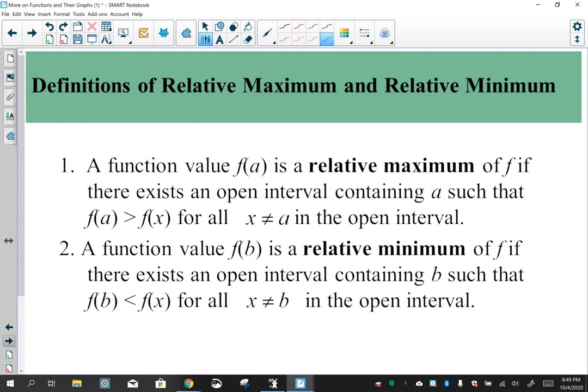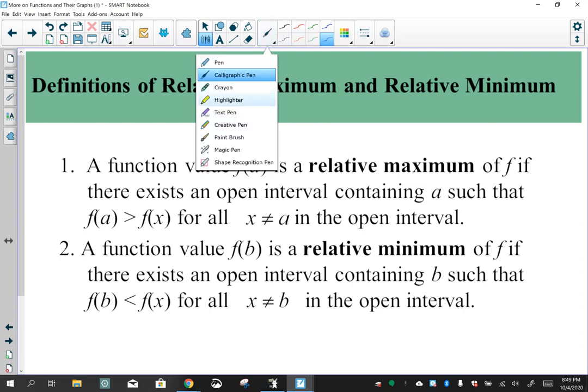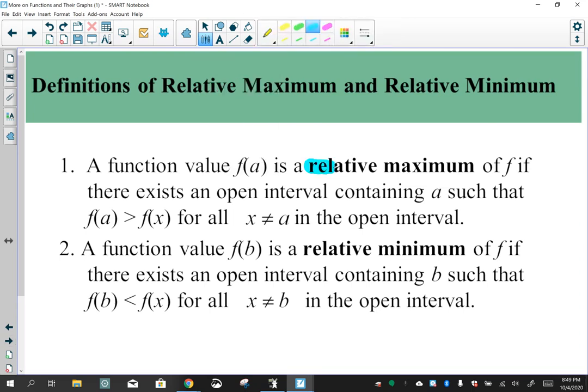When we talk about minimum and maximum, we have what's called a relative minimum. What that basically says is there's an open interval, so we're not bounded, or we could be bounded, but either way, it's just saying you have a relative maximum if you have that positive slope to a negative slope at the turn point, and you have a relative minimum for the reverse.